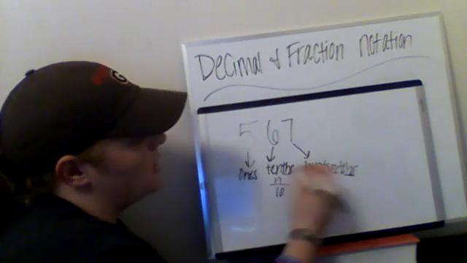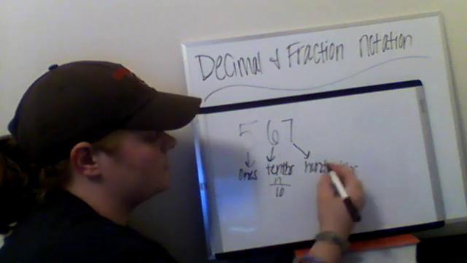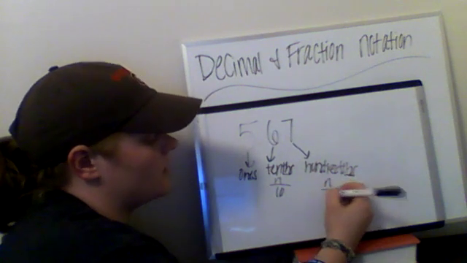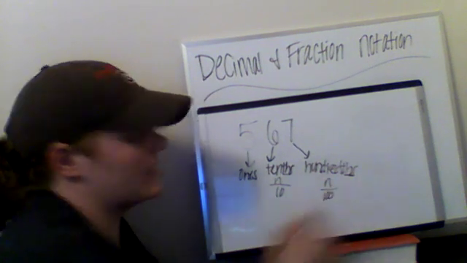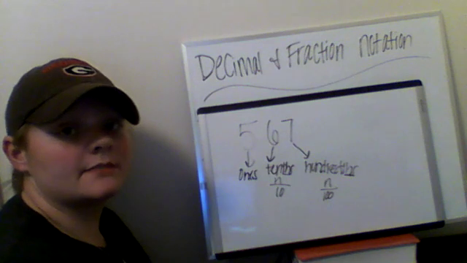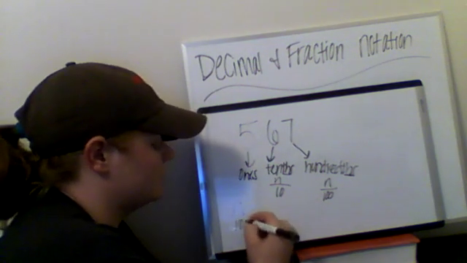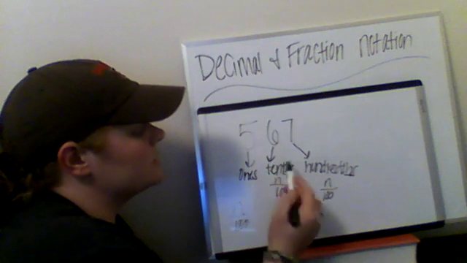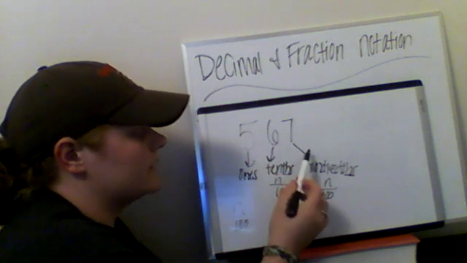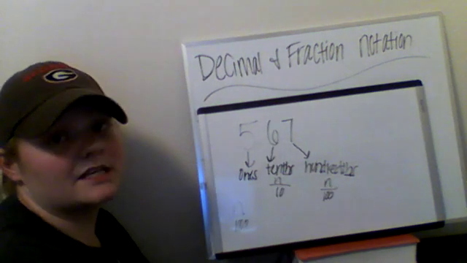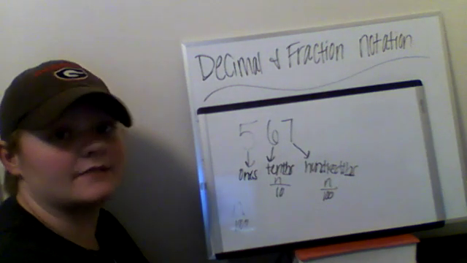Our hundredths place value with decimals would be a number over 100. If we went into our thousandths place value, it would be n over 1,000. So the numbers to the right of our decimal, those place values just mean it's going to be divided by a base of 10.